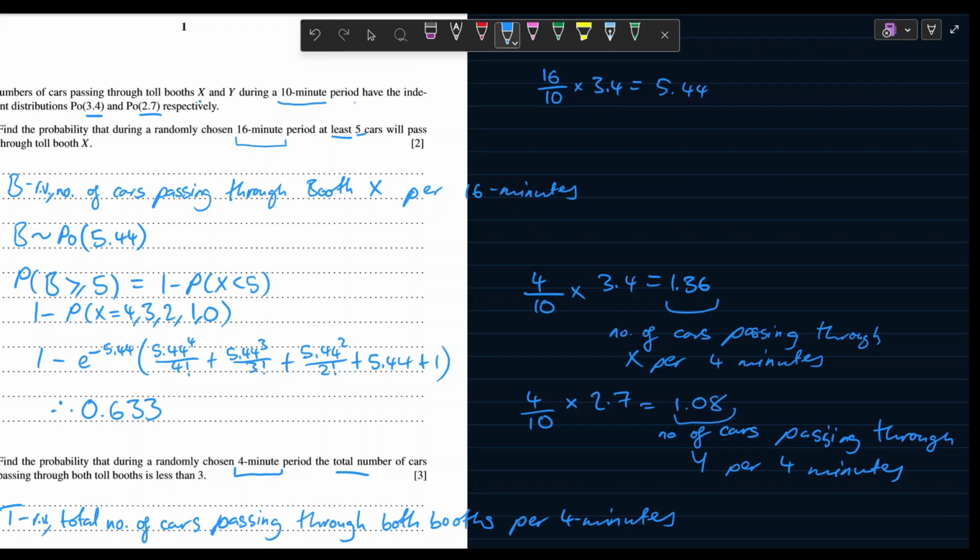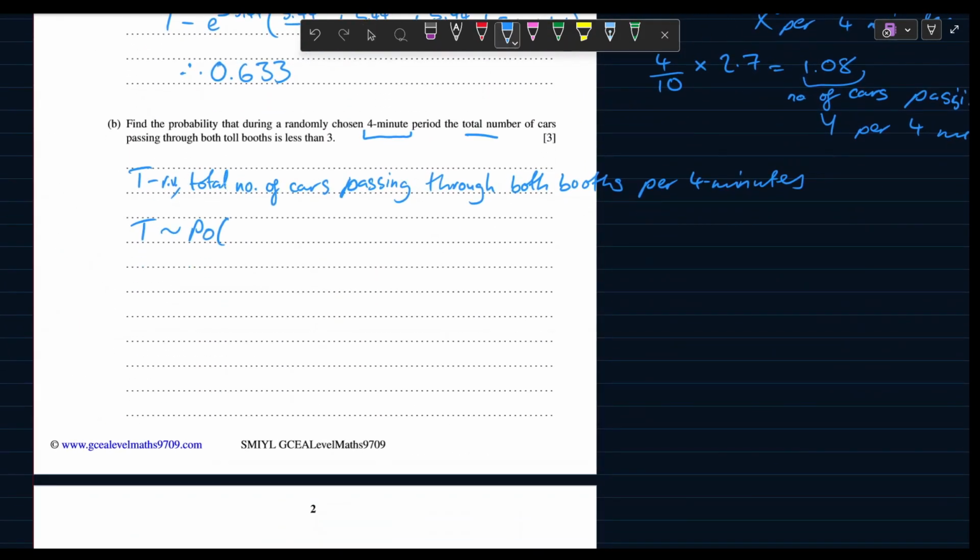All right, and we want the total, so it means we're going to have to add these two values, 1.36 plus 1.08. So T follows a Poisson distribution, and its lambda is 2.44. Now we're looking for the probability that T is less than 3.